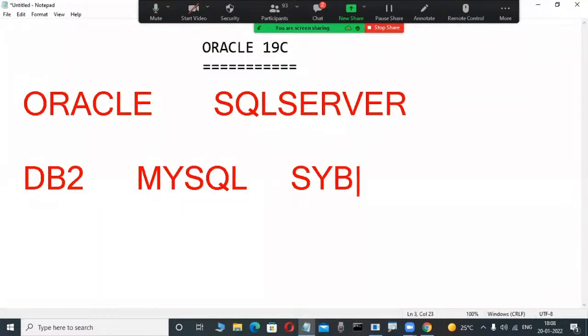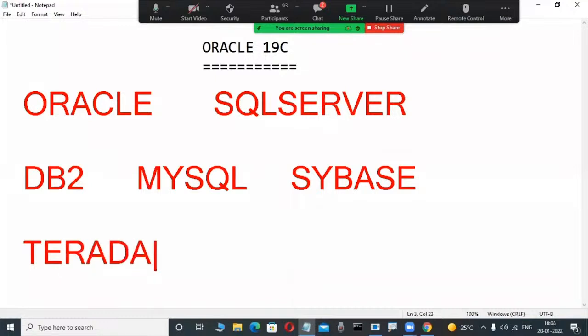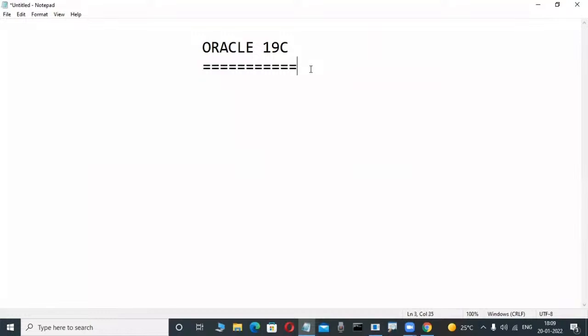Sybase is a database product from Ingres Corporation. Teradata, which data warehousing programmers may know, is a database product from NCR Corporation. SQLite is also a database product. Like this, so many database products are there from different companies. That's why Oracle is one of the popular database products.